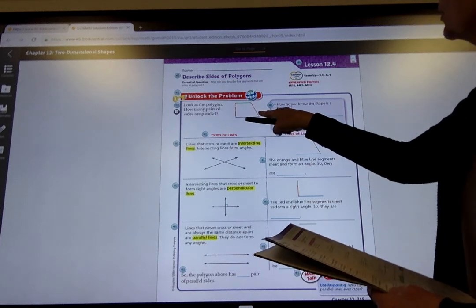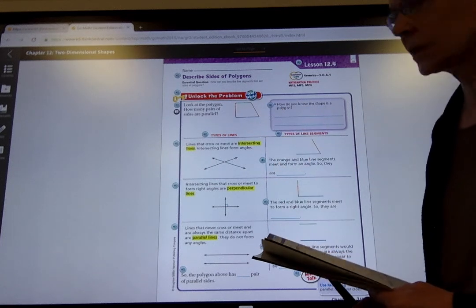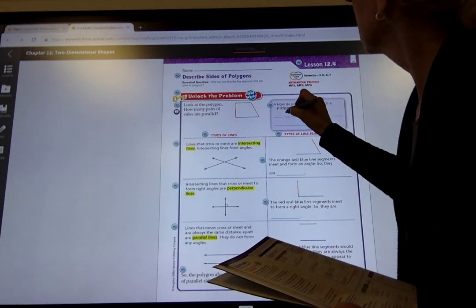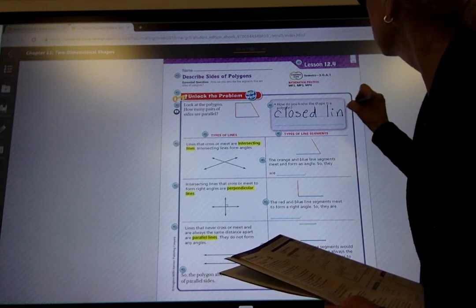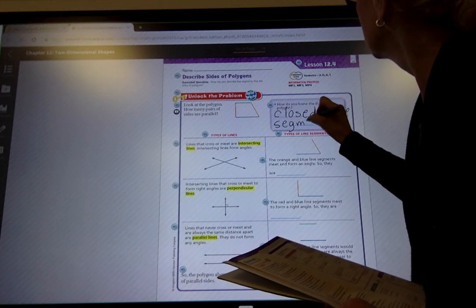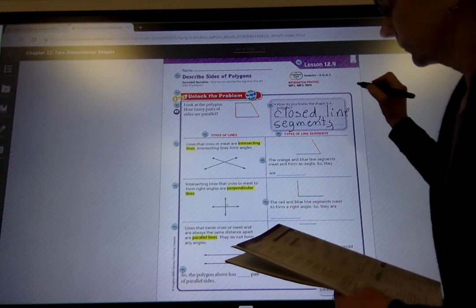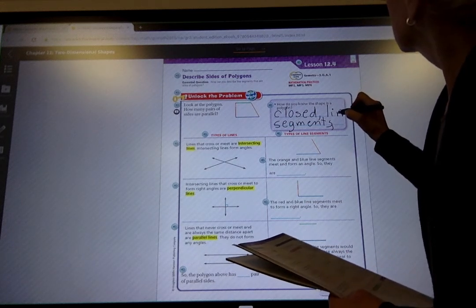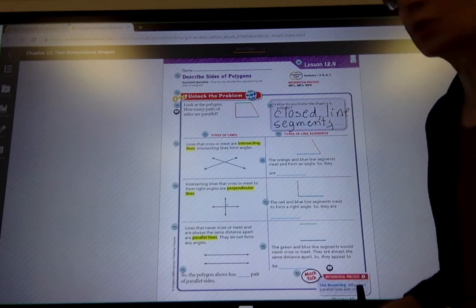First of all, we know it's a plane shape made up of closed line segments, and there's nothing curved.